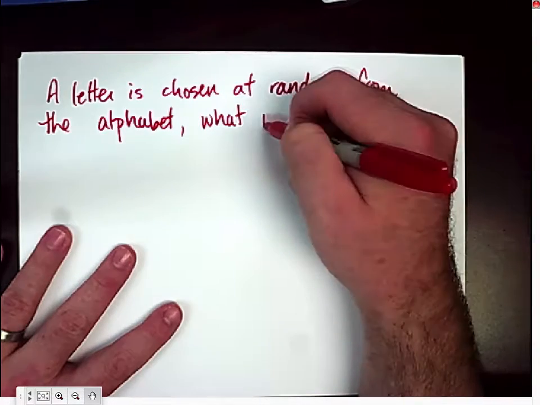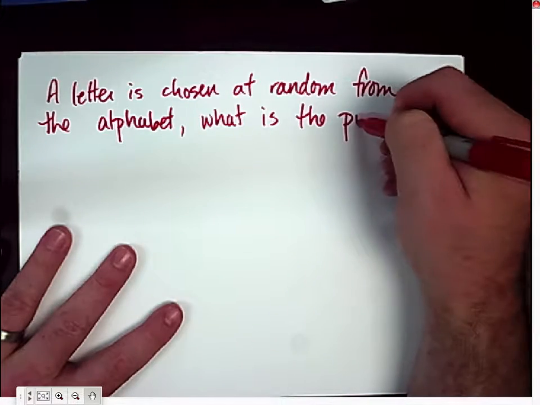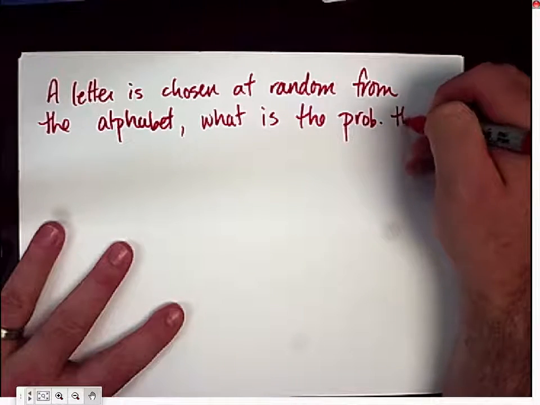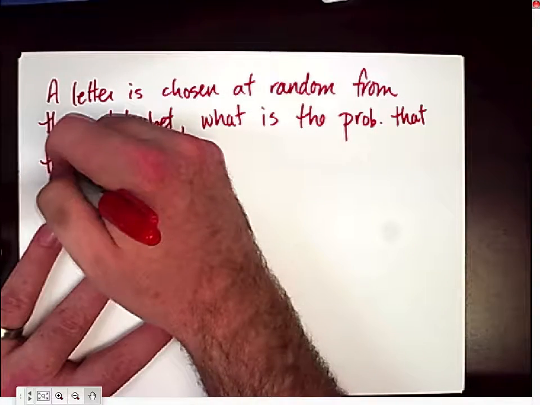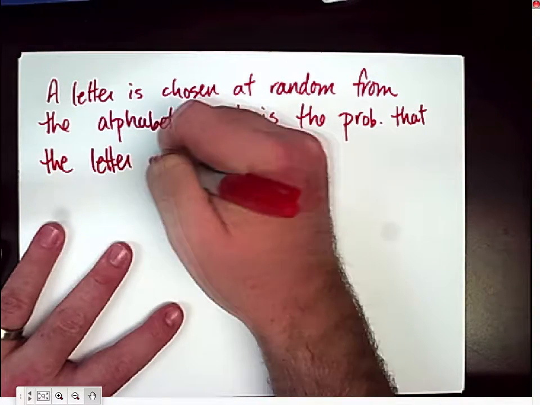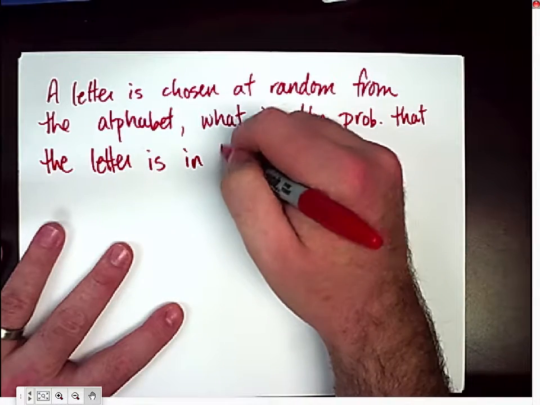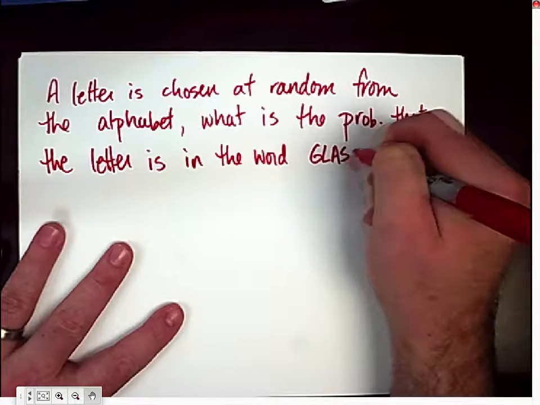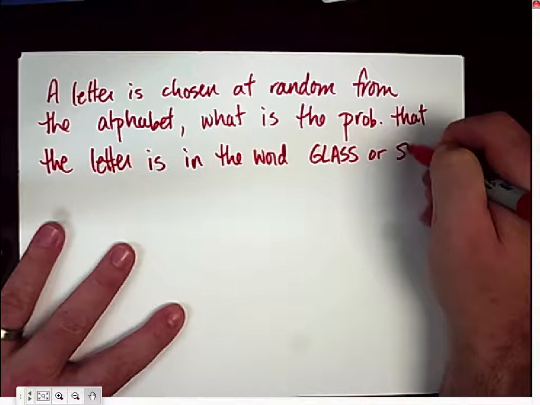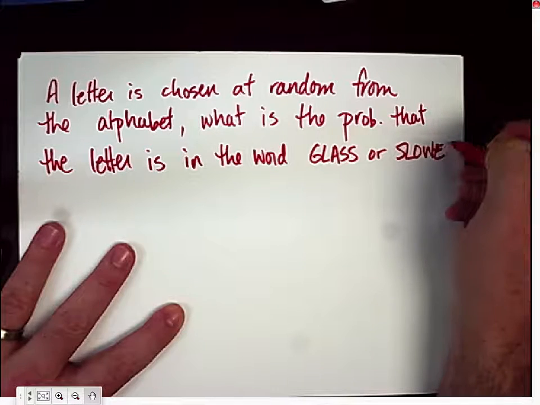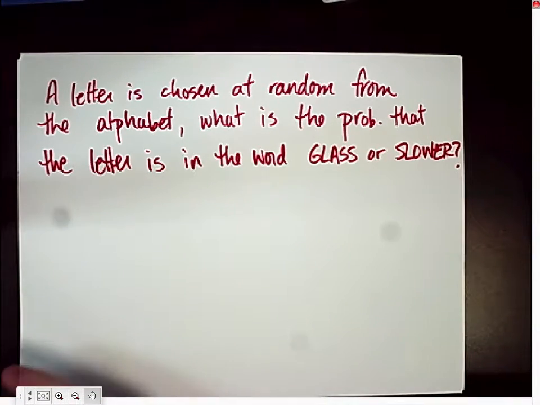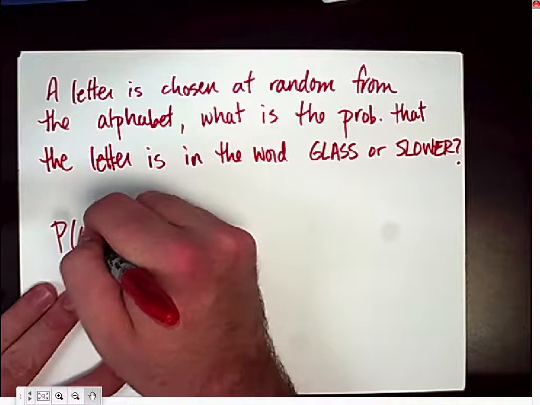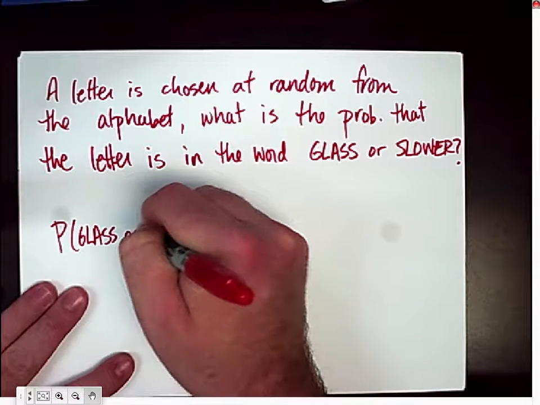What is the probability that the letter is in the word glass or slower? So I'm wanting the probability that it's in glass or slower.